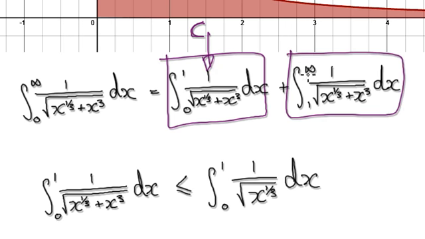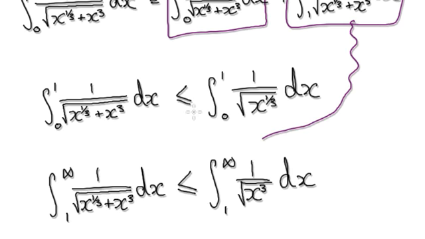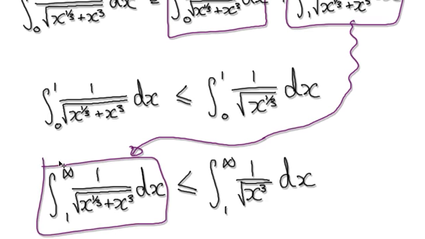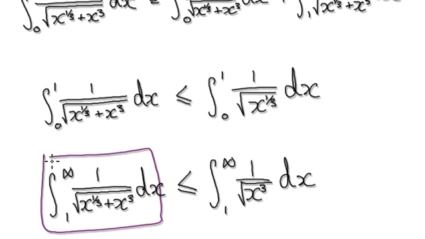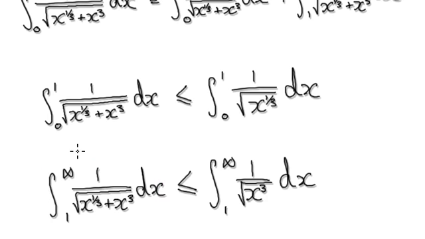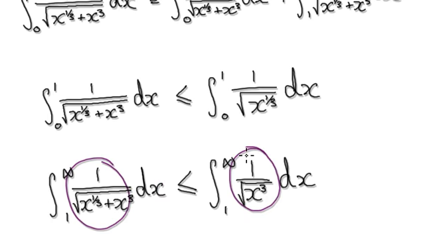Now we have to establish this one. Looking at this, we need to establish if this will converge or diverge, and the way to do this is to compare this thing to this thing here.